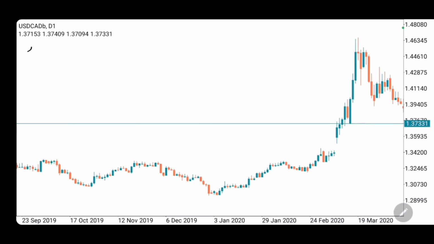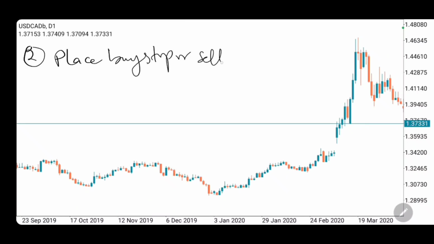So the second strategy of trading the previous day's high and low is to place a buy stop or sell stop above or below the previous day's daily candle.